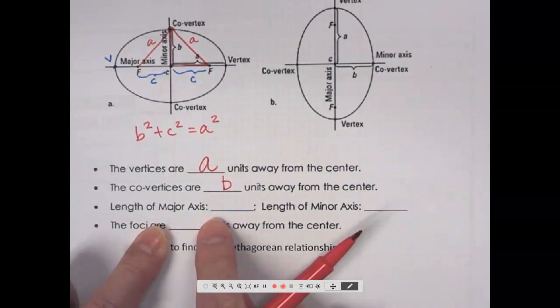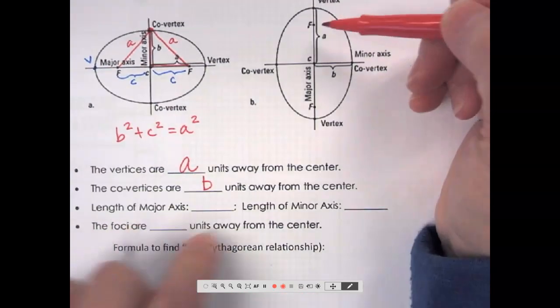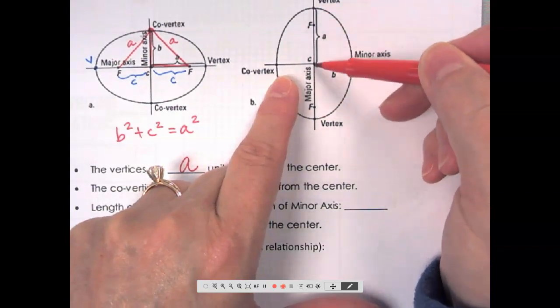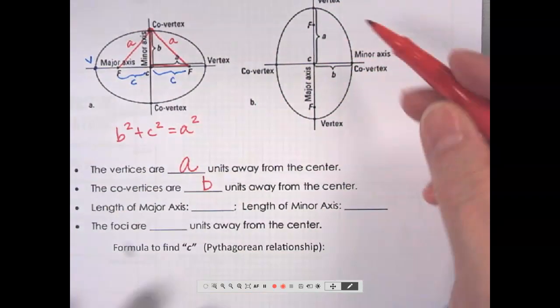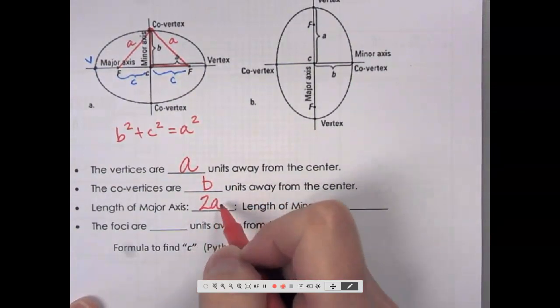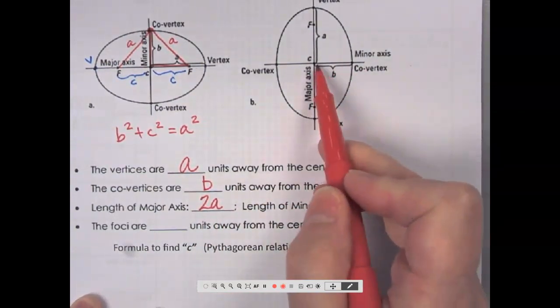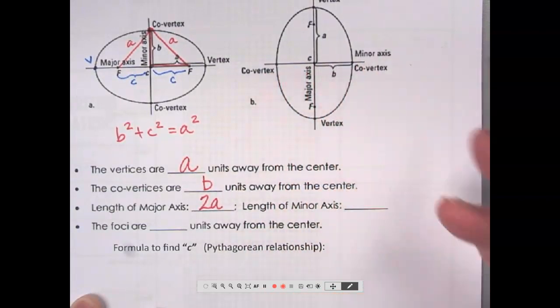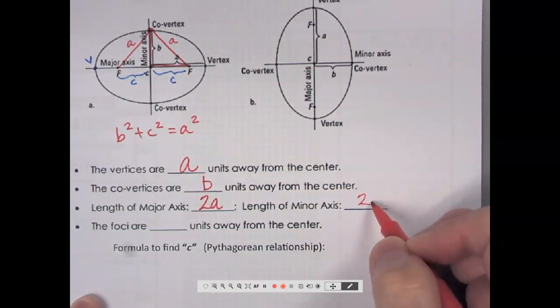The length of the major axis: if this is A and this is A, how long is the whole thing? 2A. If this is B and this is B, then the distance of the whole minor axis is 2B.